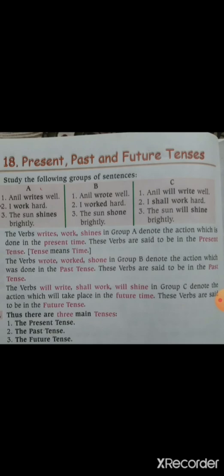But in class 3 we'll just be giving you the introduction or the information about all these 3 tenses: present, past and future. Now keep in mind what you have learned about verbs, because a very big thing in the verb is connected with the tenses.